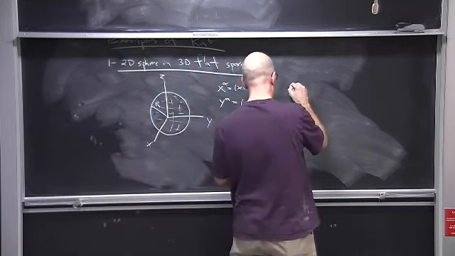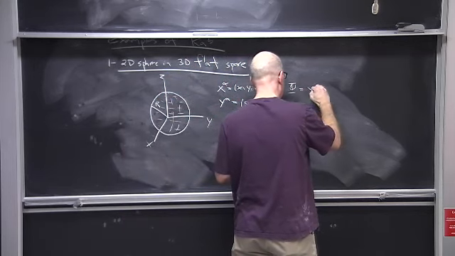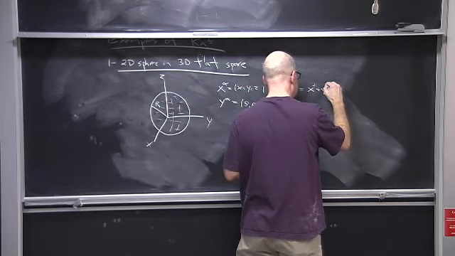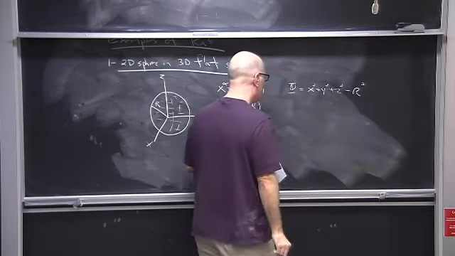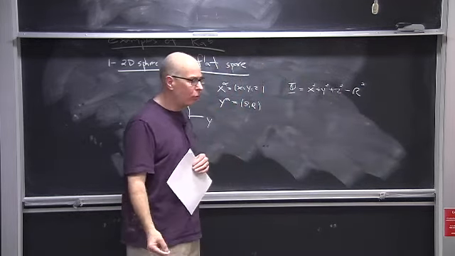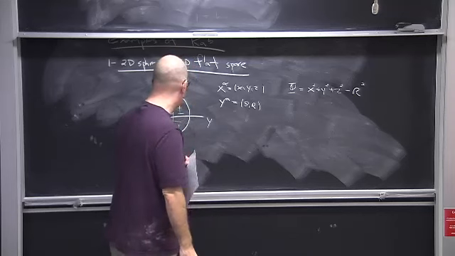So the function Φ, I can take to be the one that says that the distance on the sphere is equal to r. And my surface then will be where Φ is equal to 0.